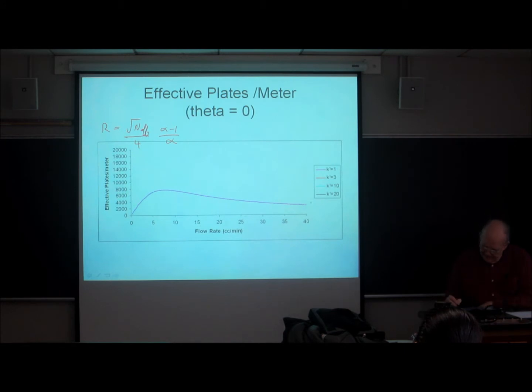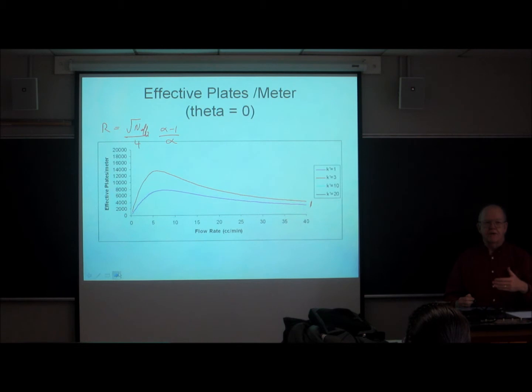Here is K prime of 1. As I said the other day, there's no point in plotting K prime of 0 because the effective plate number when K prime is 0 is 0. Anything times 0 is 0. And as I increase the K prime, I see an increase in the number of effective plates per meter.